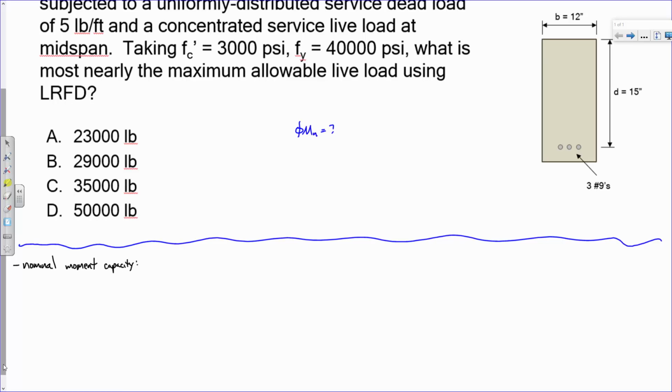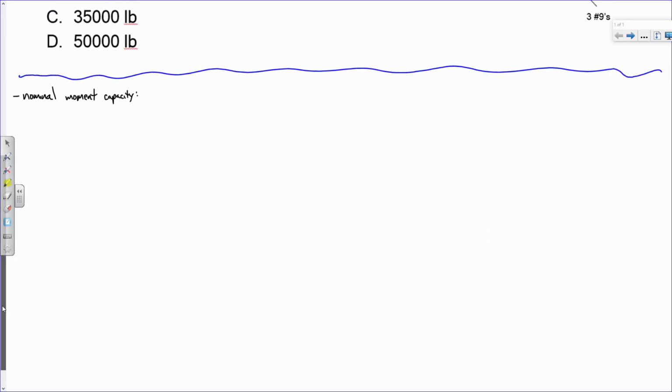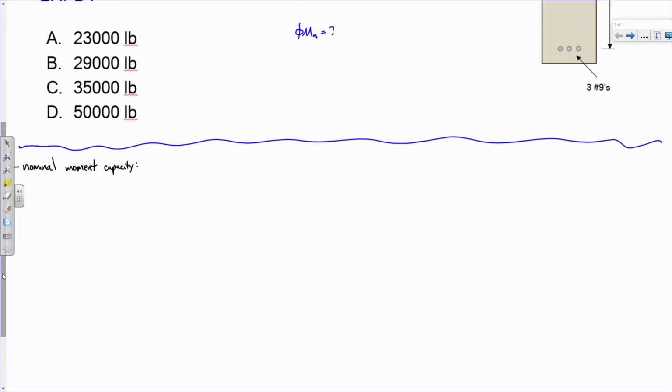So let's see if this starts shaking the rust off. I have a beam that's b wide, that has an effective depth of d, and I got some steel here. That's As, right? So what can I do?